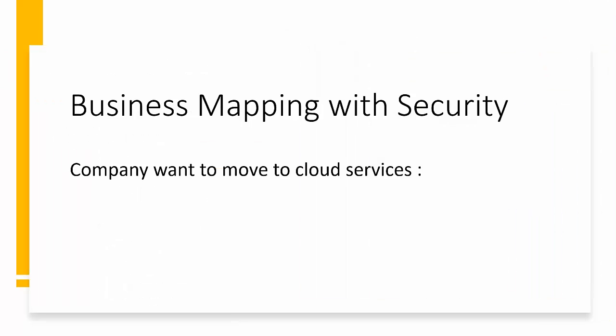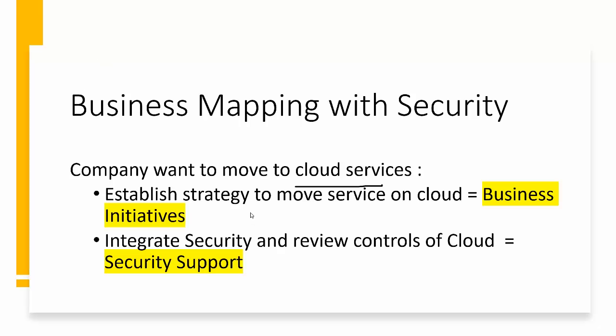This is one example. One requirement of the company is that they want to move all the on-prem services to the cloud. Now let's understand the strategy behind that. The business strategy is to move services to the cloud effectively, for reasons such as on-demand scaling and cost. Now how will the security strategy contribute to their initiative?